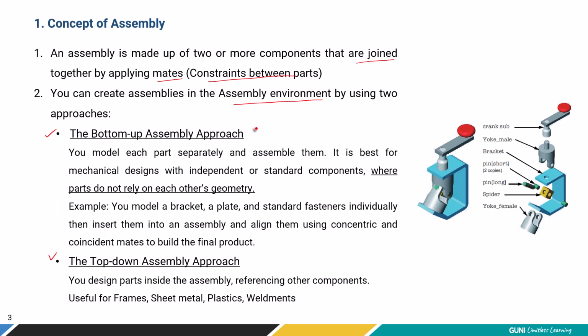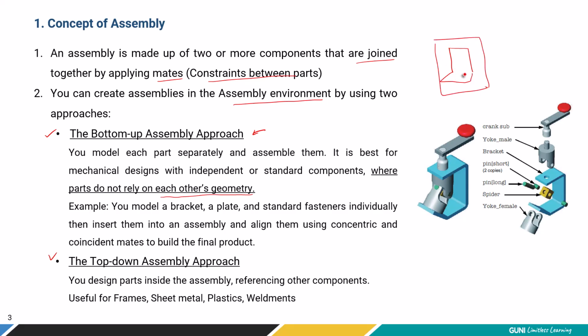In the first case, we'll create separate parts, save them in separate files, and call them one by one to create an assembly. So it is useful where parts do not rely on each other's geometry. They are separate. Let's say I have a bracket like this and I want to fix it on a simple wall.